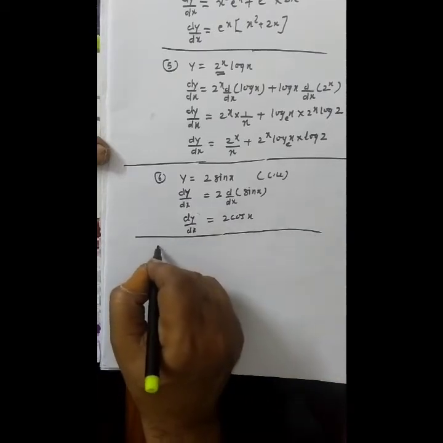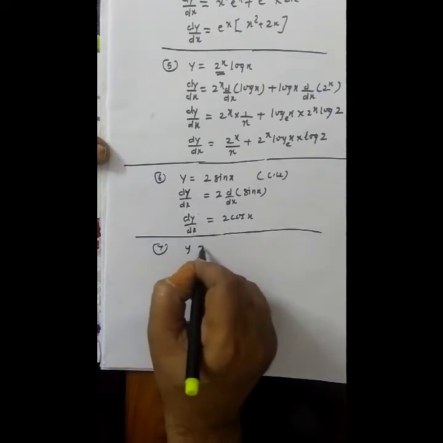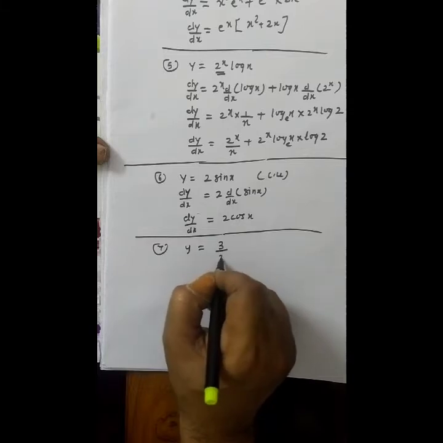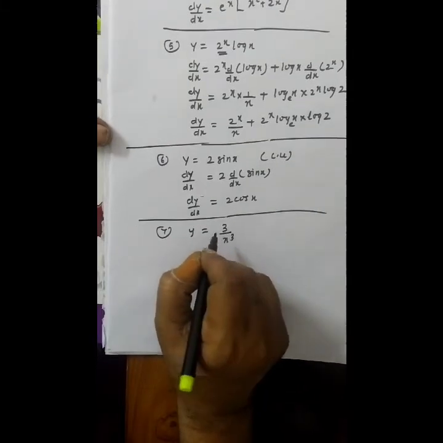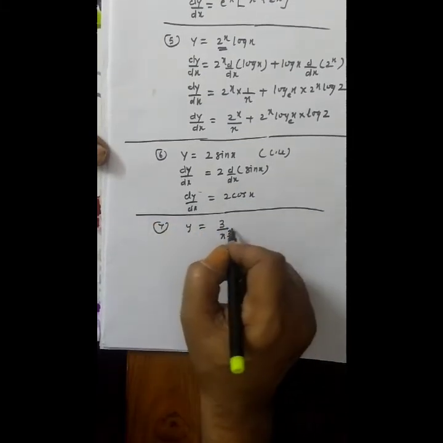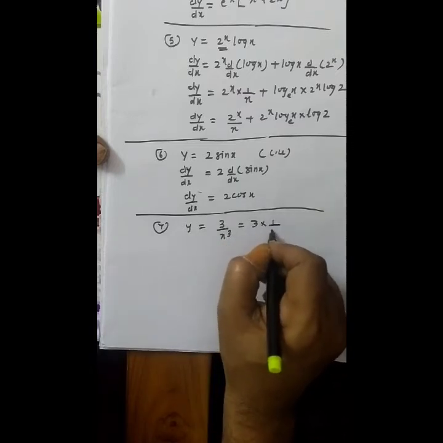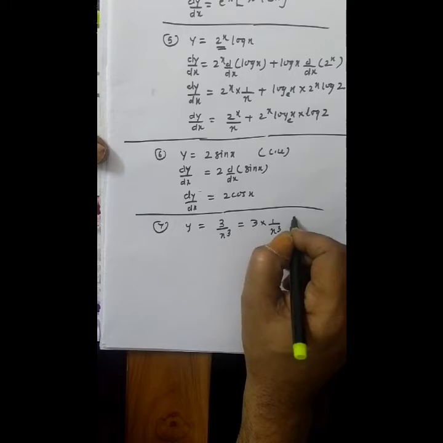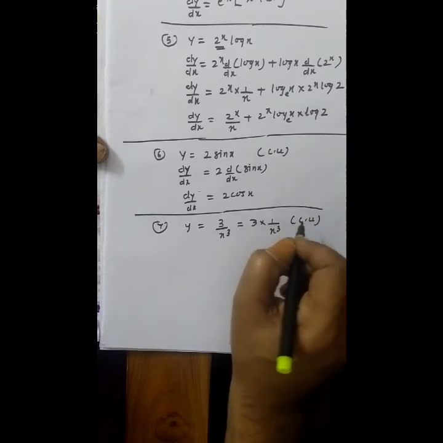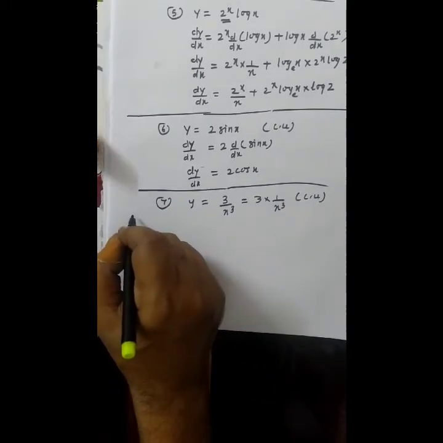Y equals to 3 divided by x cube. Again we can write this as 3 into 1 divided by x cube. This is again c into u formula, where c is 3.